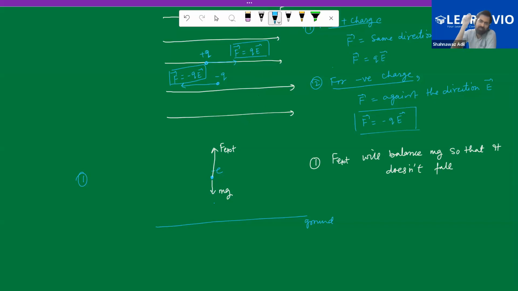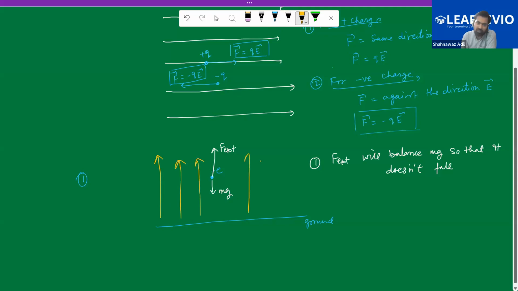Because if you have something, let's say some box, and you put it in the air, it will always drop down, right? But if this charge electron is not dropping down, which means that we are providing some electric field, whether in this direction or in this direction.